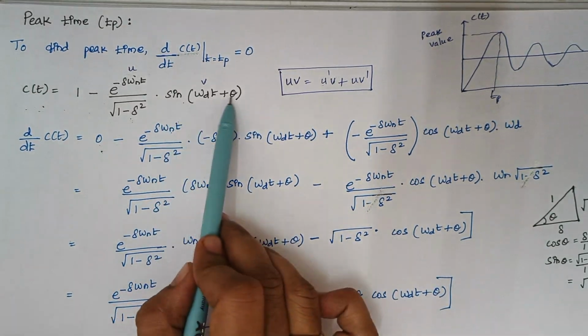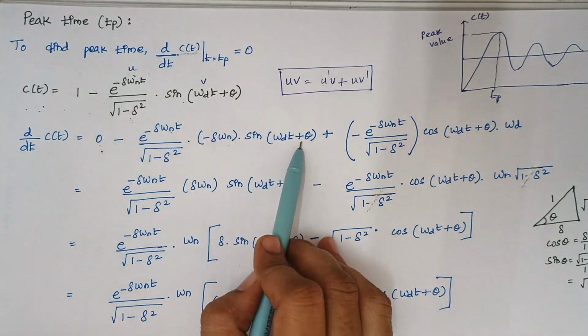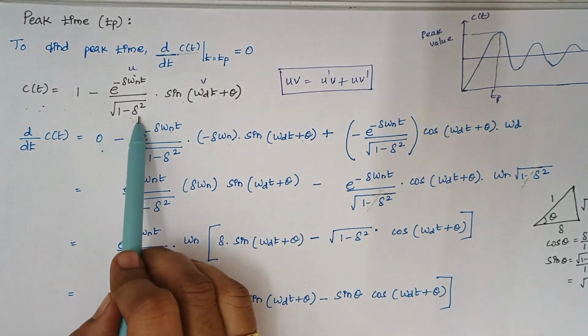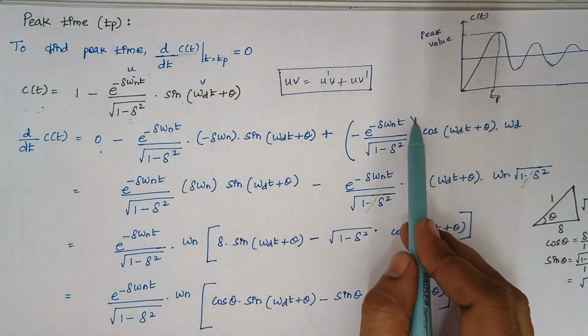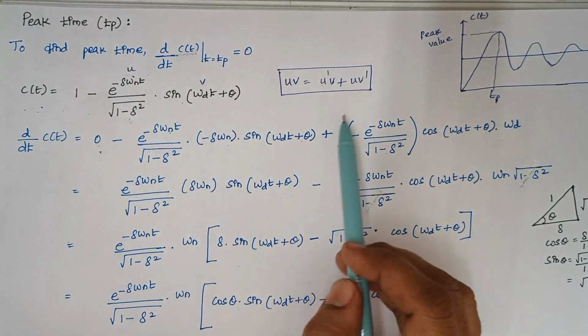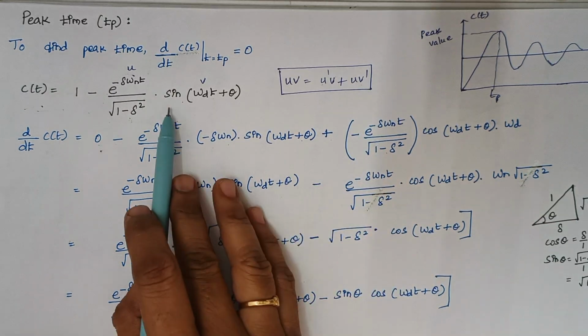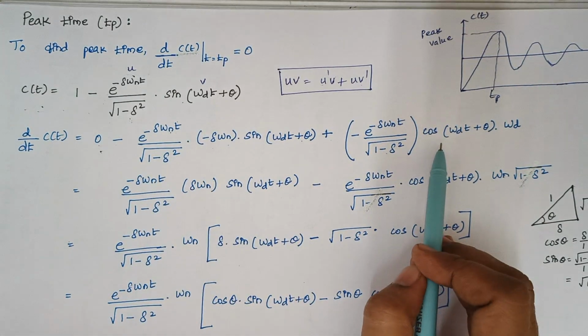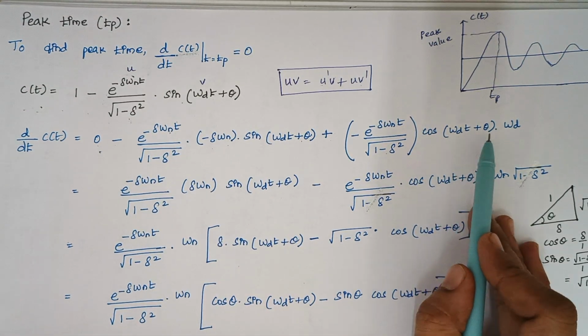This is our v, so v is written here. Plus u v dash. Now you keep this u as such, and you differentiate v. When you differentiate this term, you will have cos omega d t plus theta.